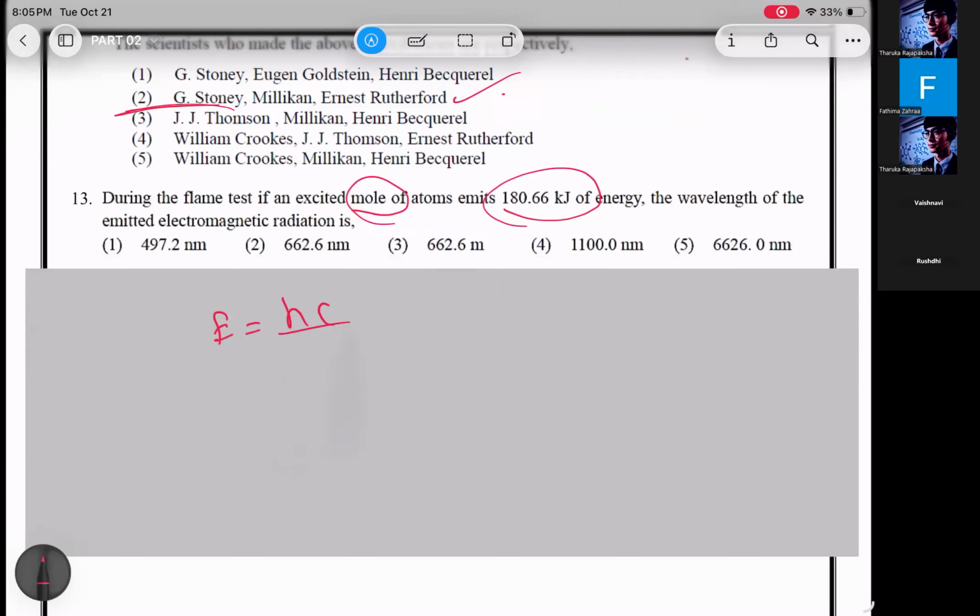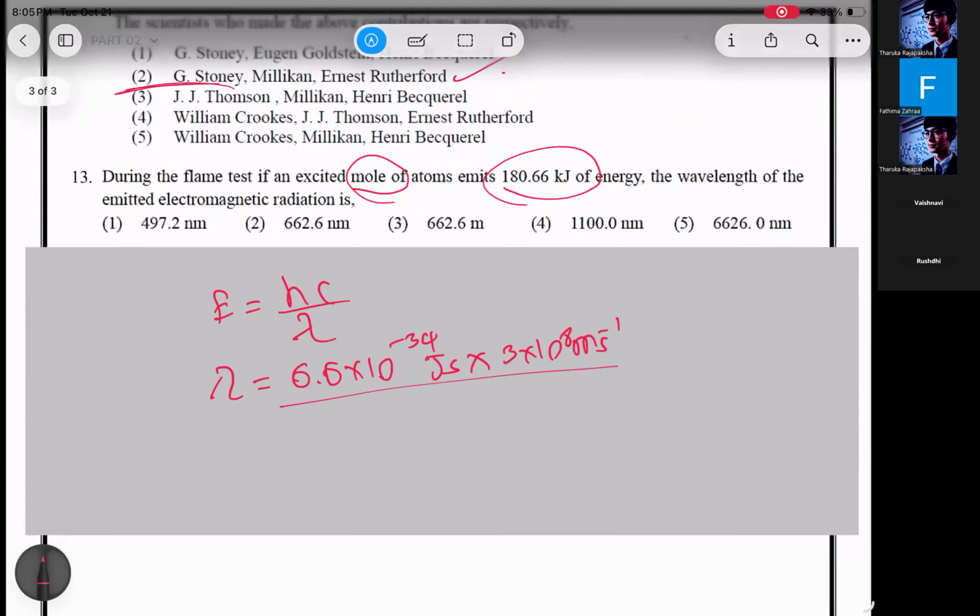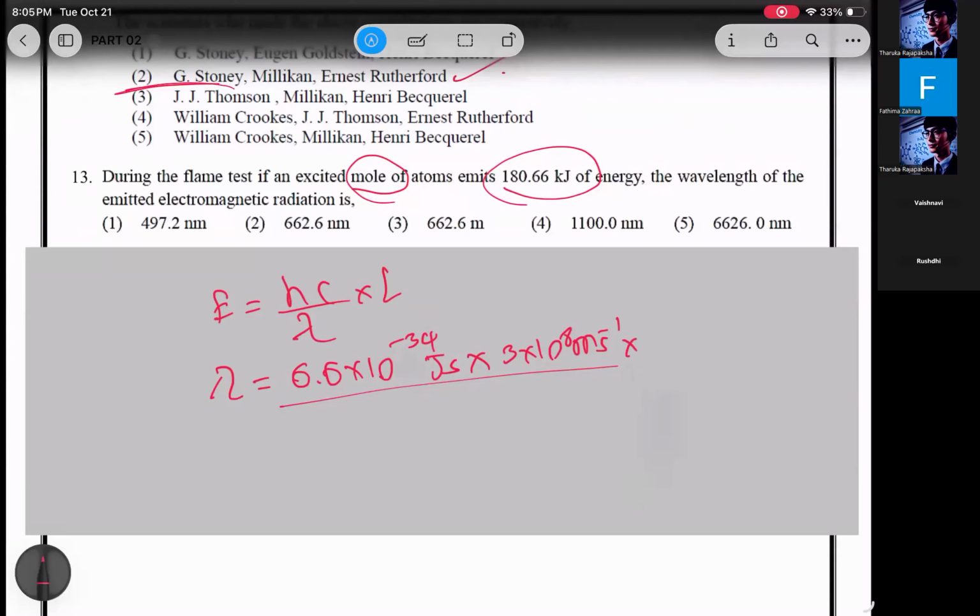E equals hc over lambda. Lambda is equal to 6.6 10 to the power minus 34 joules second multiplied by speed of light 3 10 to the power 8 meter per second divided by, now 1 mole of electron, so you have to multiply by L, 6.022 10 to the power 23 per mole, divided by lambda.